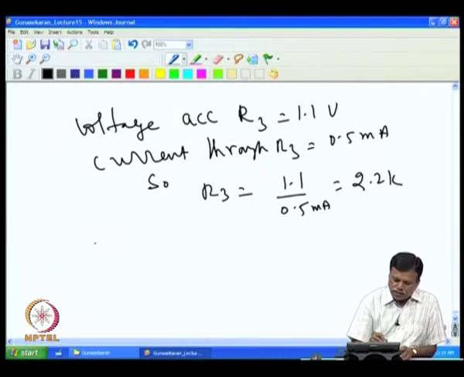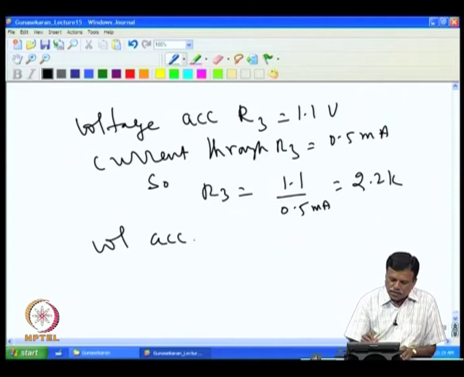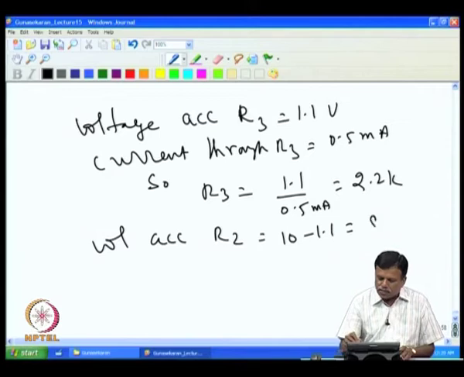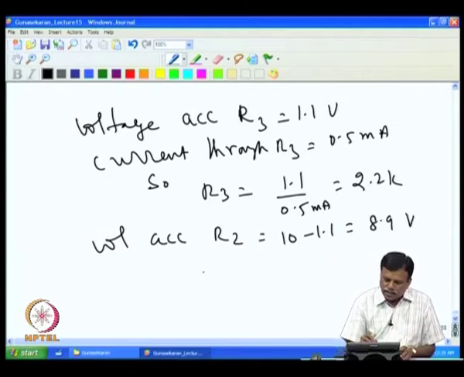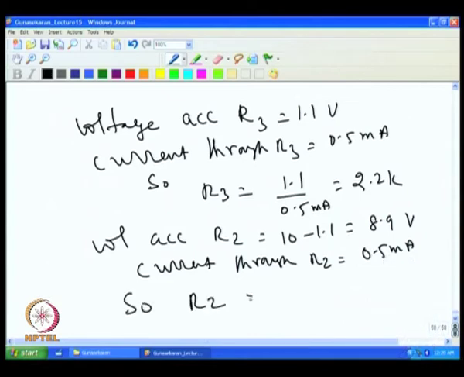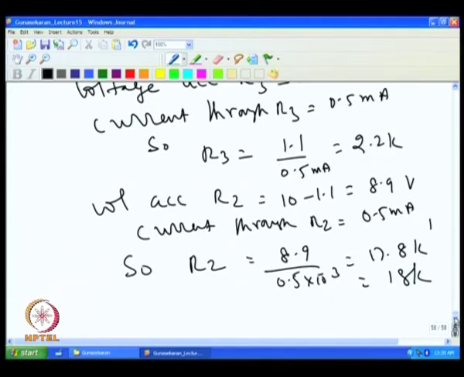Similarly, the voltage across R2 is 10 minus 1.1, that is 8.9 volt, and the current through R2 is again 0.5 milliampere. So, R2 comes 8.9 divided by 0.5 milliamps, that comes 17.8 k. So, 18 k would be fine. So, that is how the design goes.